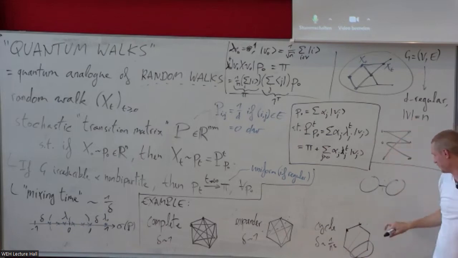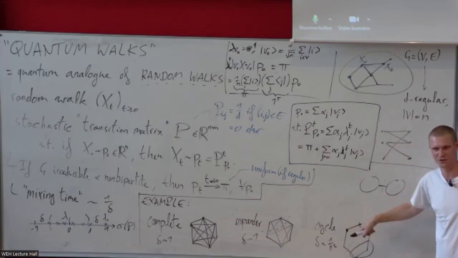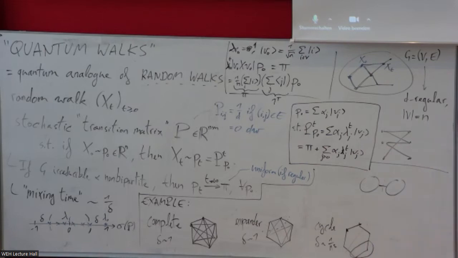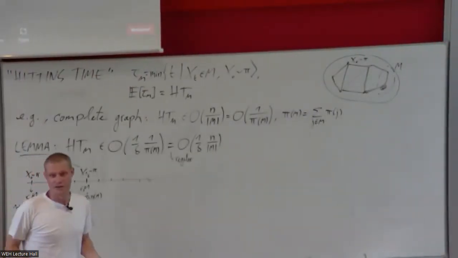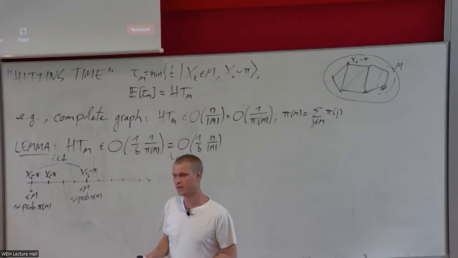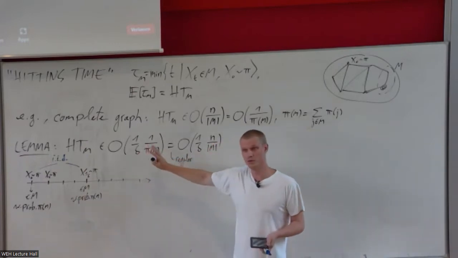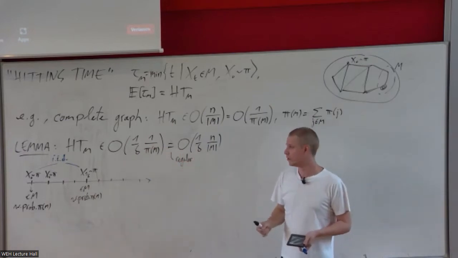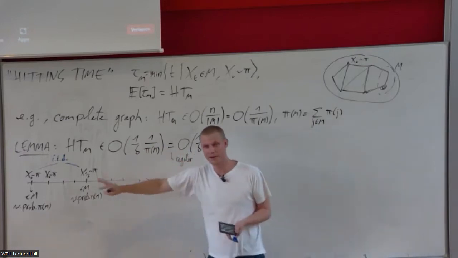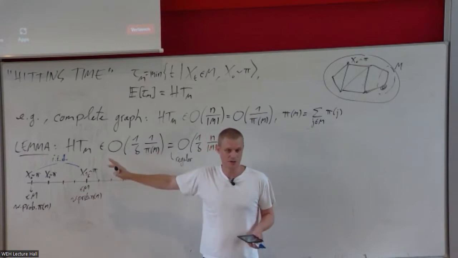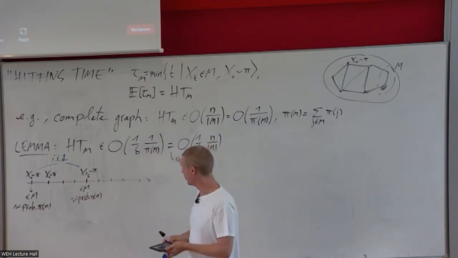So there the actual hitting time is n squared, and this bound would give you n cubed. So it is an upper bound, but there's a very clear intuition here, and we'll be using that to talk about quantum walk search.